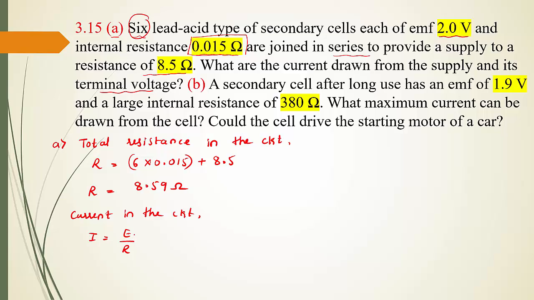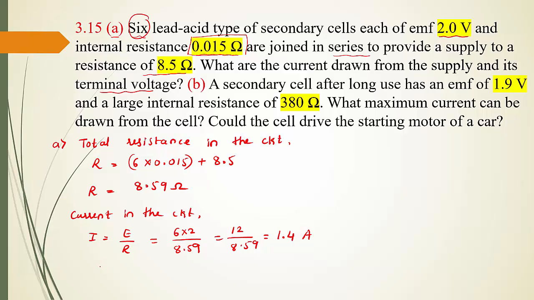So EMF of the battery is given, I equal to E divided by R. Here you can observe there are totally 6 secondary cells, each cell having EMF 2 volt. So 6 into 2 divided by the total resistance 8.59. 12 divided by 8.59 gives the value 1.39, or we can write 1.4 ampere. This is the current in the circuit.